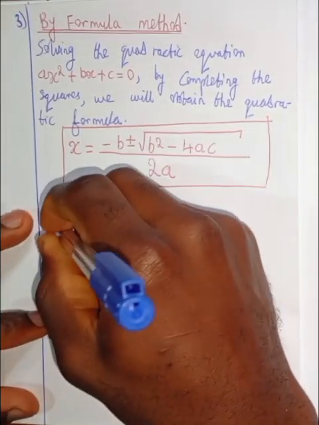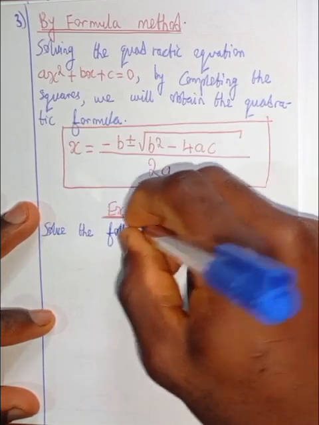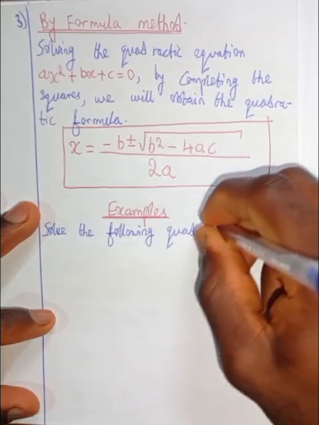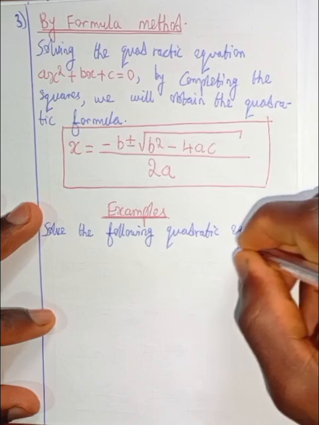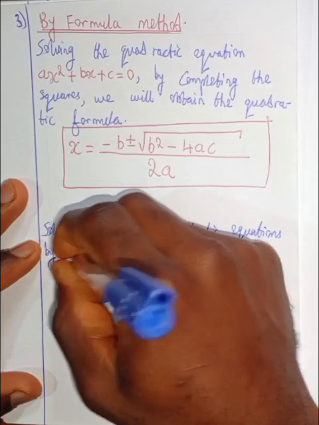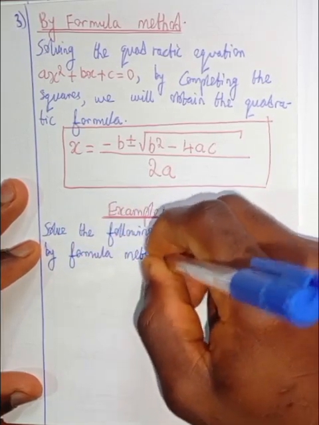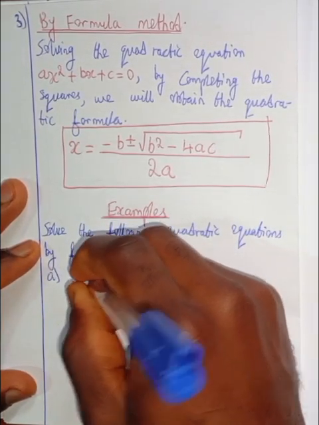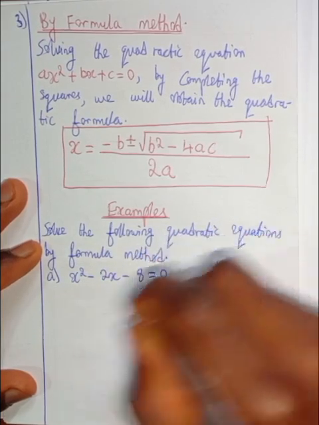Solve the following quadratic equations by formula method. The first one, A, we have x squared minus 2x minus 8 is equal to 0.